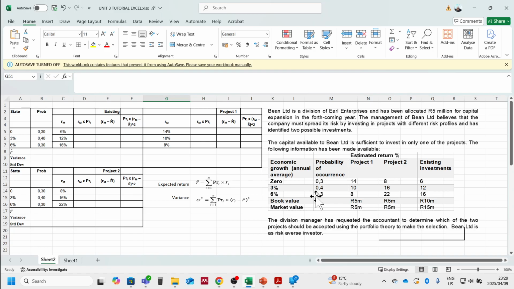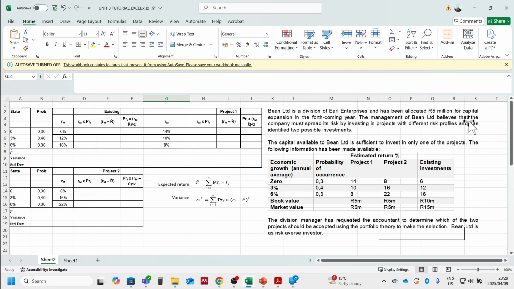So the main aim of calculating the portfolio expected return as well as risk is to identify whether this will help reduce the risk and maximize the return, or increase the risk and minimize the return. Over here, we have a company called Bean Limited, which is a division of L Enterprise and has been allocated 5 million for capital expansion in the forthcoming year.